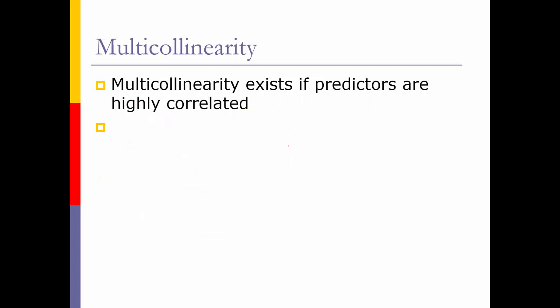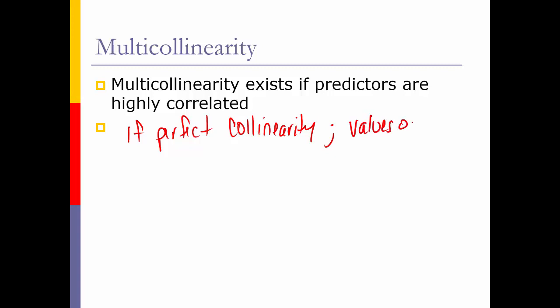Multicollinearity, we already said, if the predictors are highly correlated, this is a problem. Now, if we have perfect multicollinearity between the predictors, the regression coefficients that we get for each one of those two predictors are interchangeable.